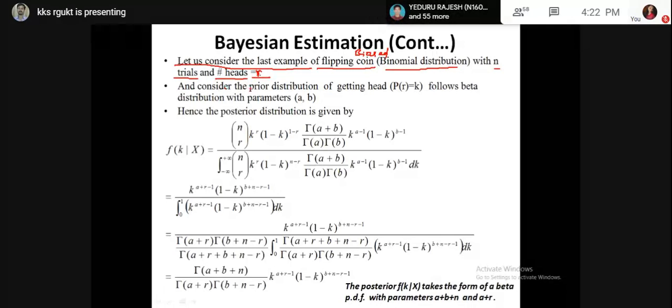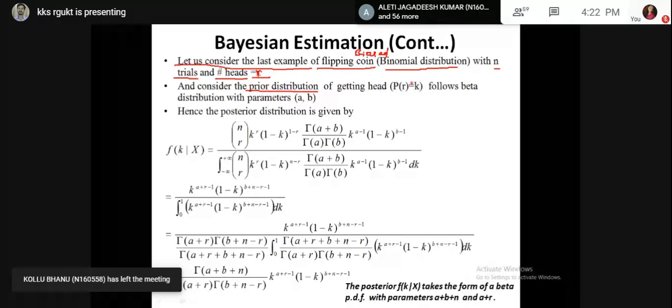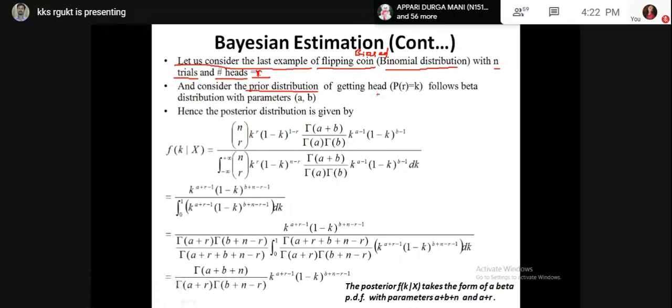And consider the prior distribution, meaning our parameter k is not a constant, it is a random value. So this k is distributed as a beta distribution with parameters a and b.